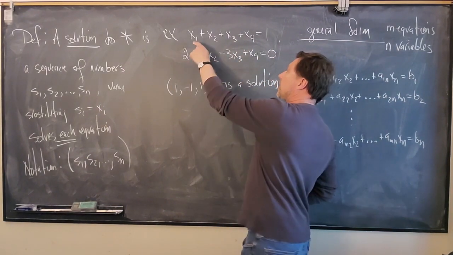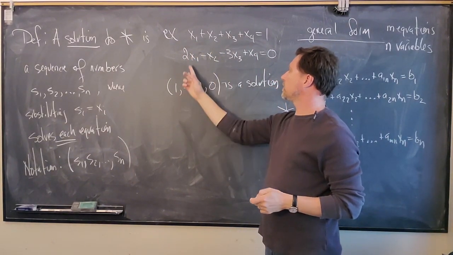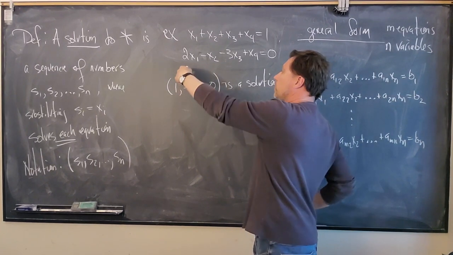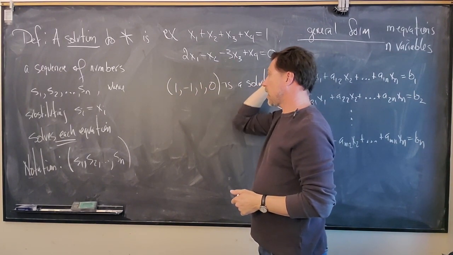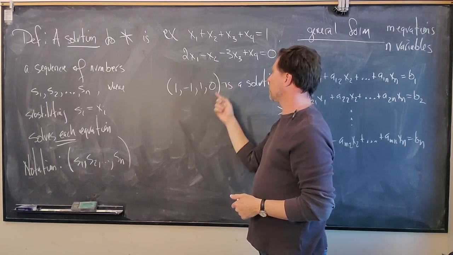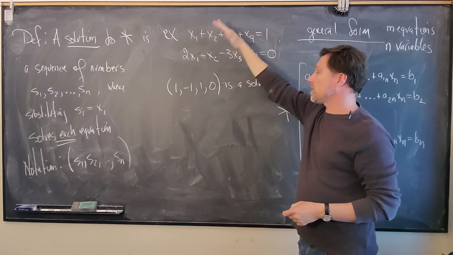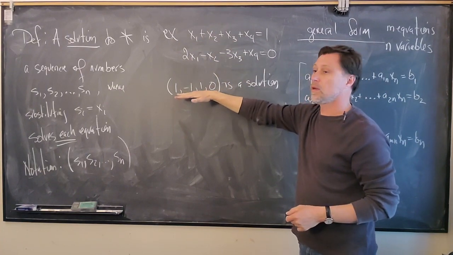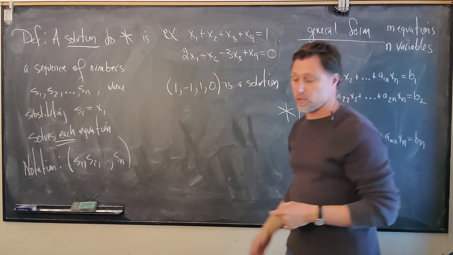And if you notice, it definitely satisfies the first equation. Also, if we plug it into the second one, what would we have? 2, then plug in a minus 1 here. That's going to give us positive 3. Subtract off 3, add 0, equals 0, right? So this is a solution to our system because this right here, when substituted into each equation, gives us a solution to the equation.